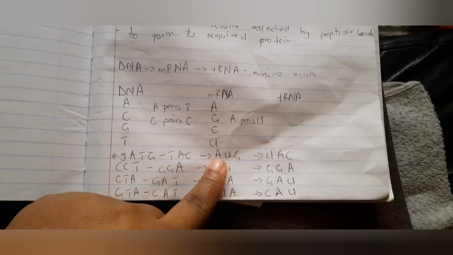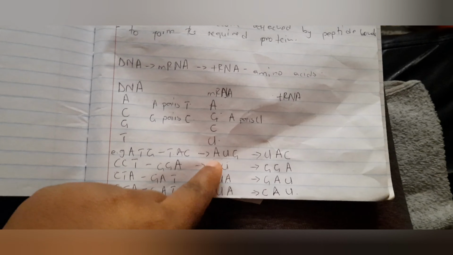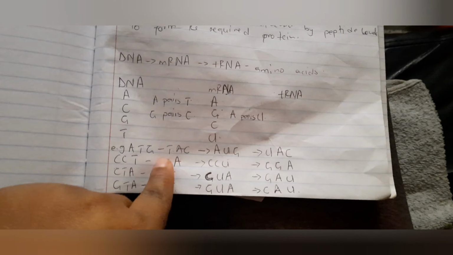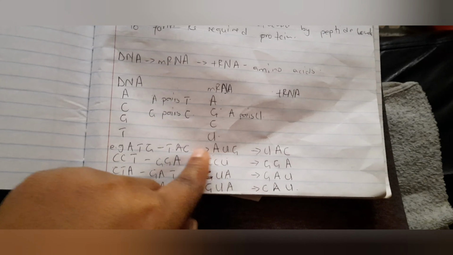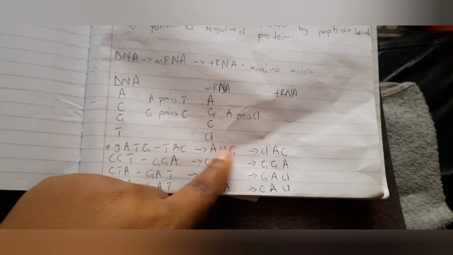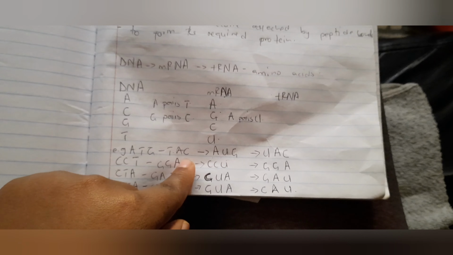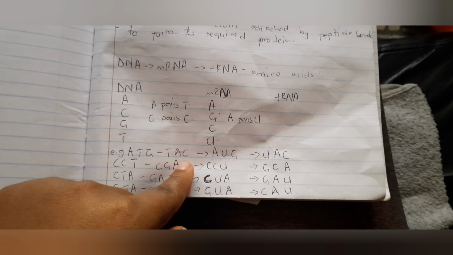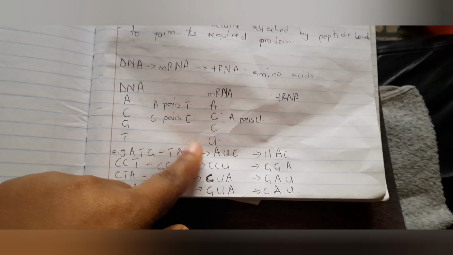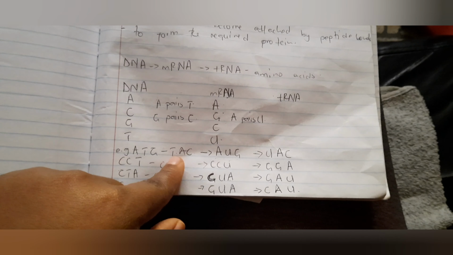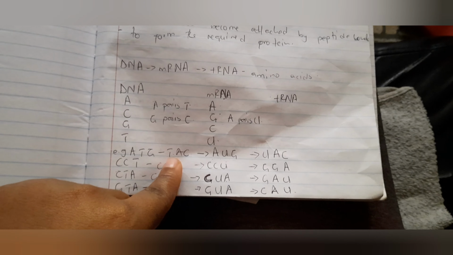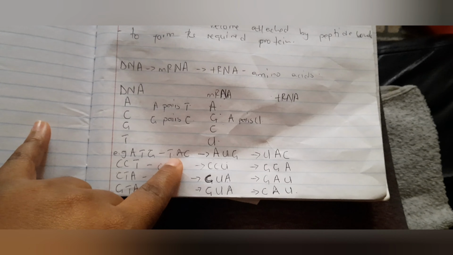What was used was A paired with T, U paired with A, and G paired with C. Again, here is your DNA, and then you go back to pair it again.